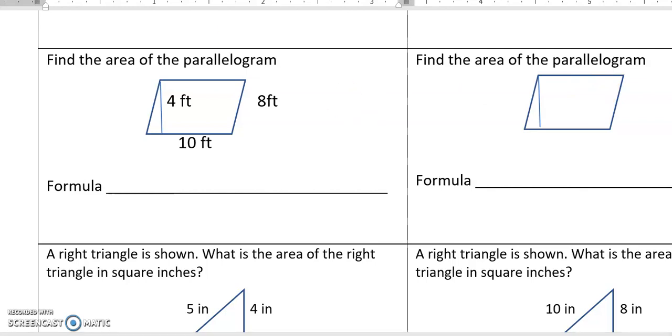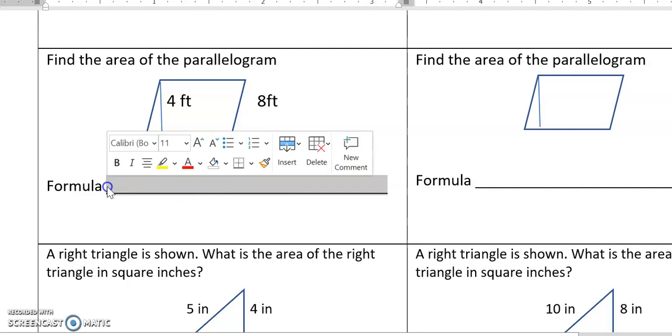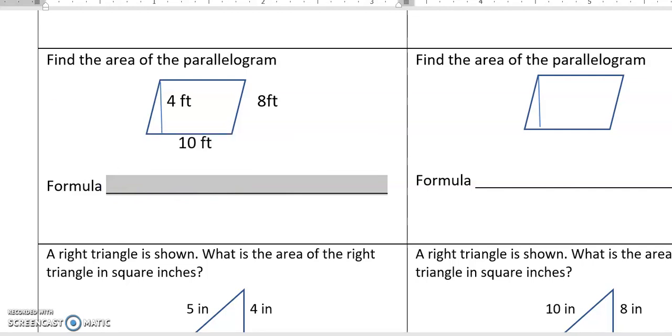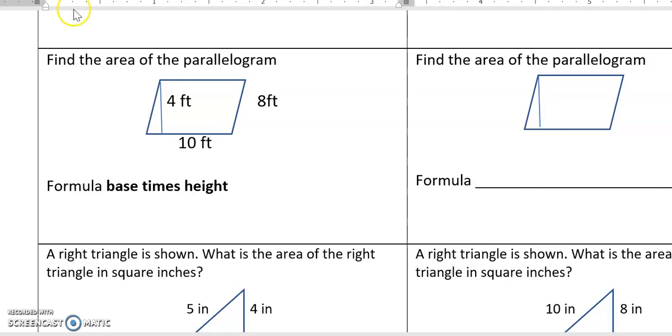Now, find the area of the parallelogram. I'm going to first type in the formula in words, because again, maybe this will assist you in finding the area. So base times height. That is it. There is literally nothing else to do in finding the area of a parallelogram. Again, remember that your height forms an L with the base. Your height is straight up and down.